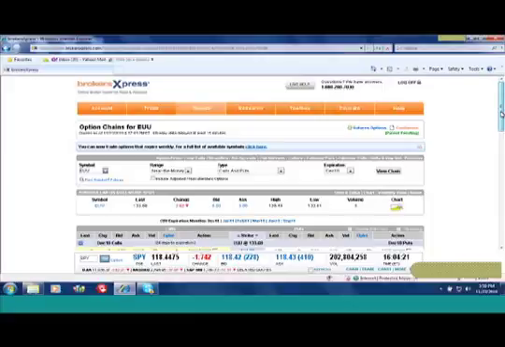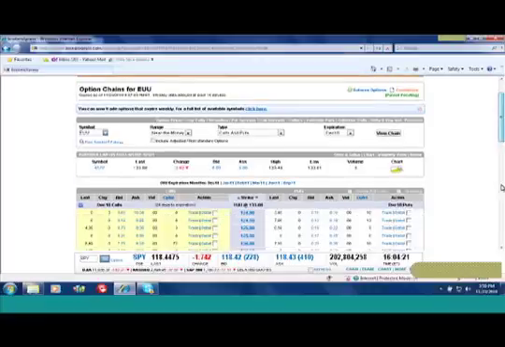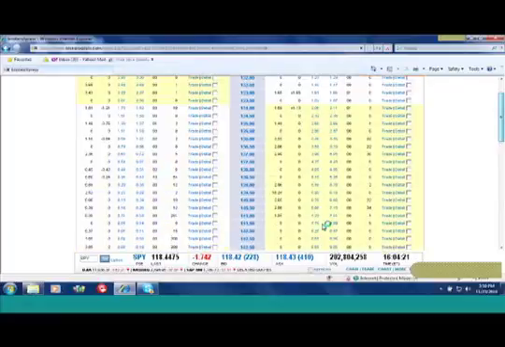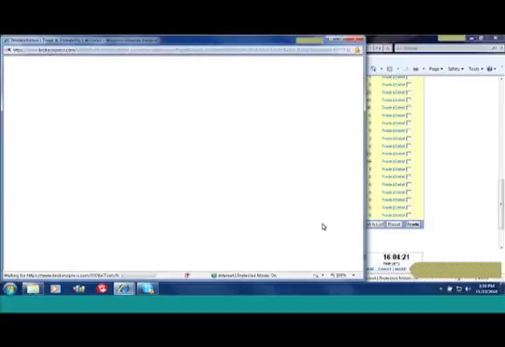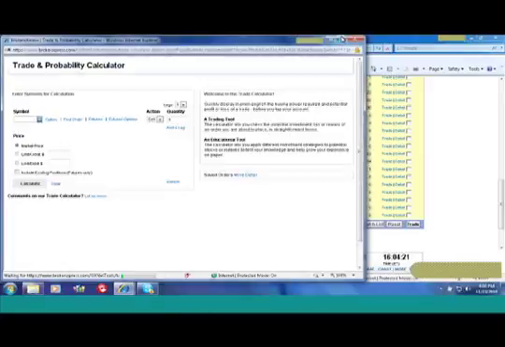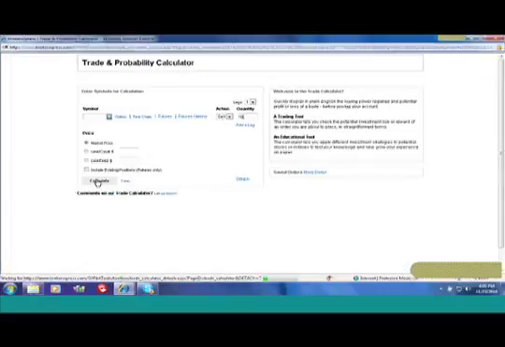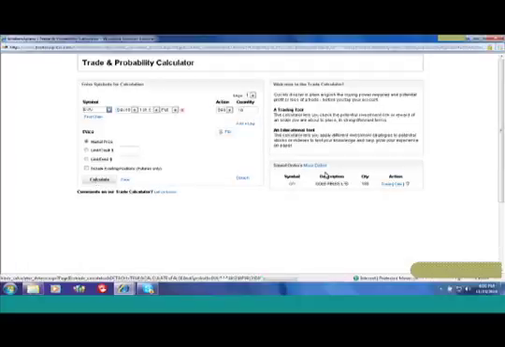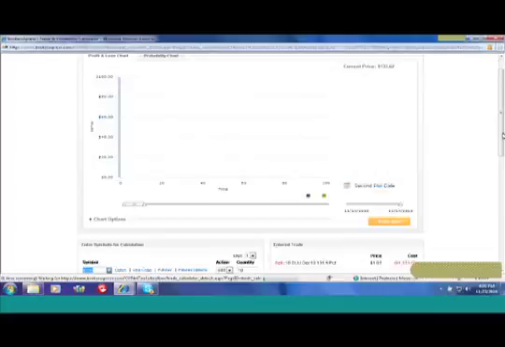Now let's go ahead and put this on the trade calculator, so that we can get a visual of this. In looking at this, it's a very similar trade to the covered call, to just selling a put on a stock.